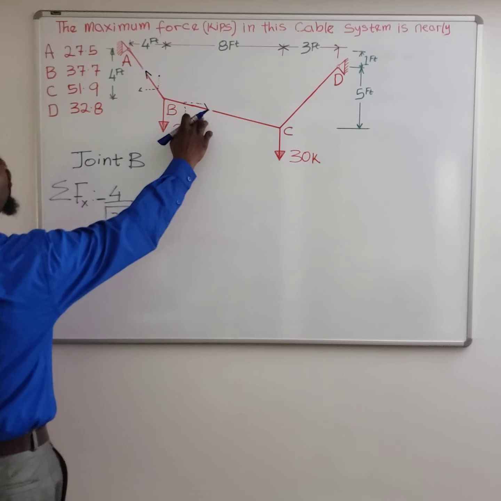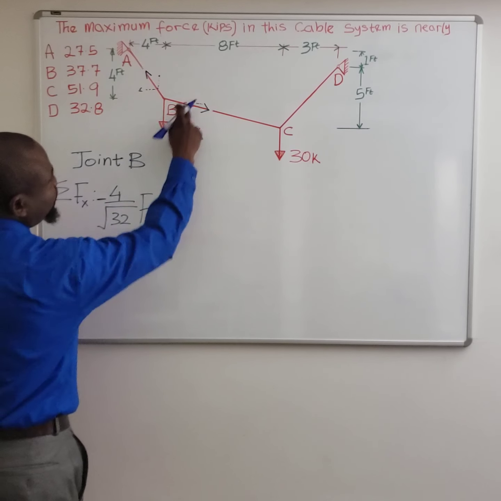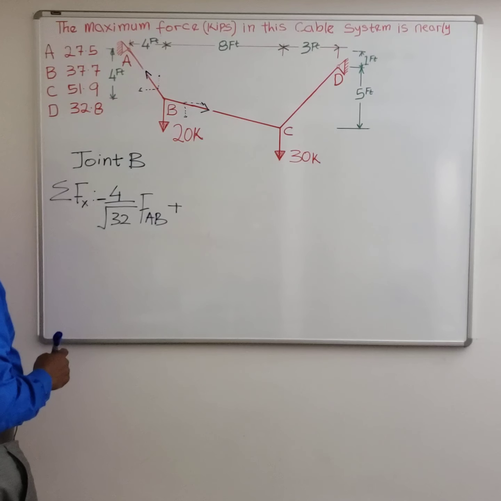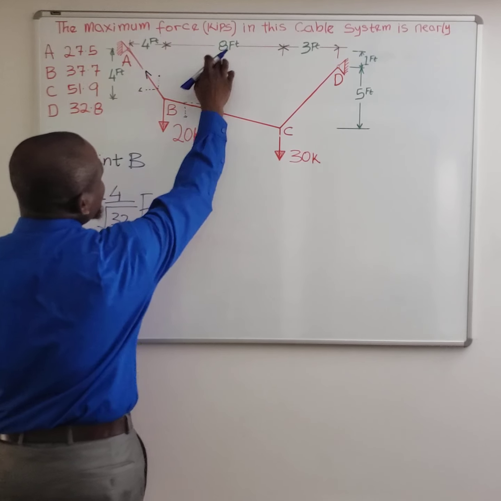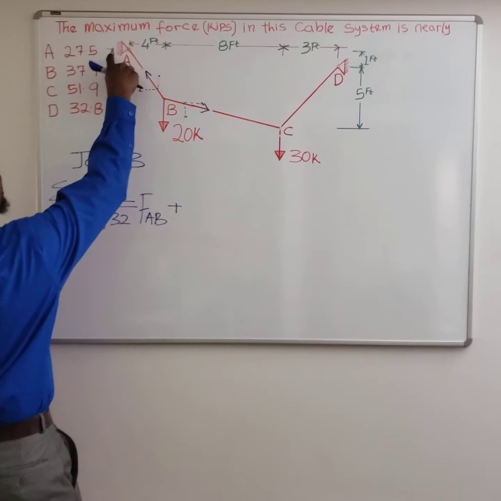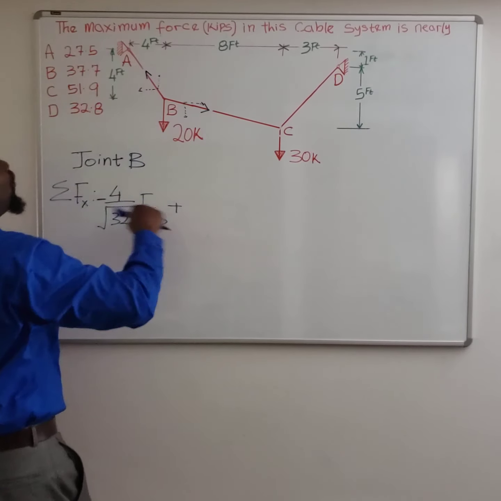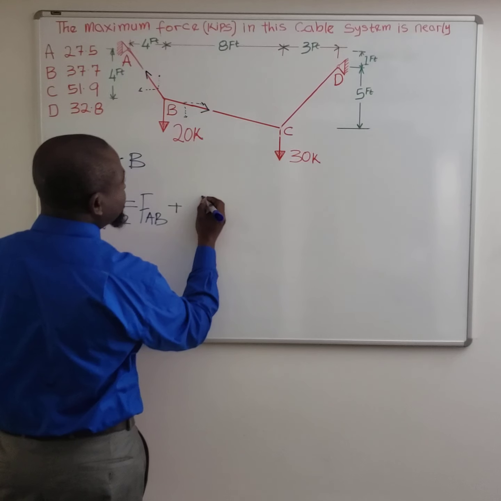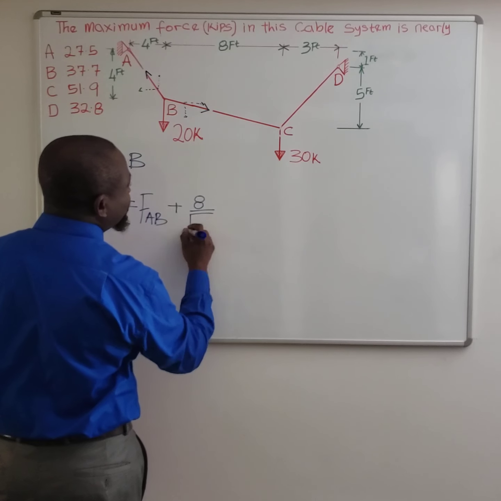So the next horizontal force at joint B is positive, as you can see from this diagram here, and it's going to be, the horizontal on this line is 8 feet, and the height this way is 2 feet, because you see this is 4, this is 6, so the difference between this 6 and this 4 is 2. So you are going to say 8 divided by square root of 68.